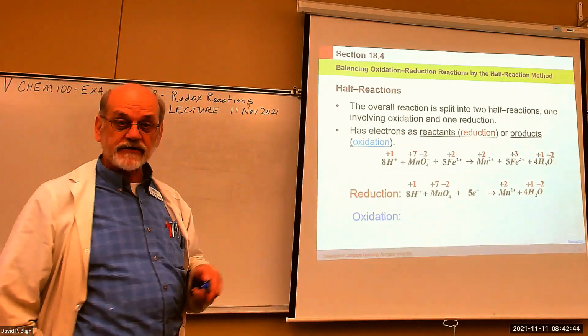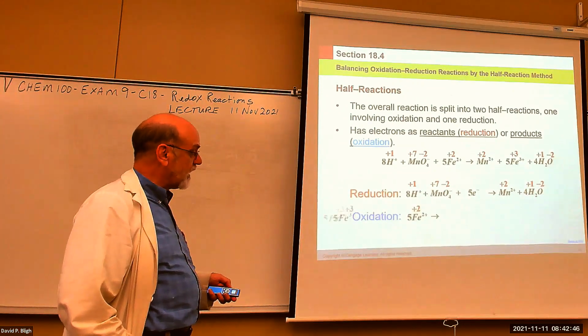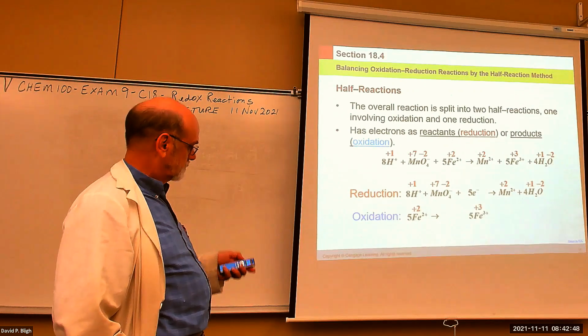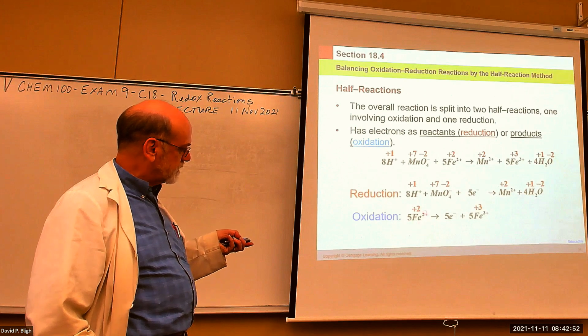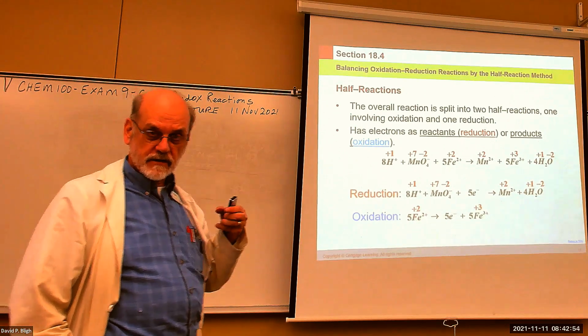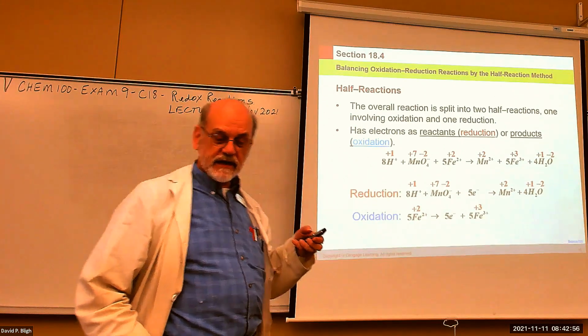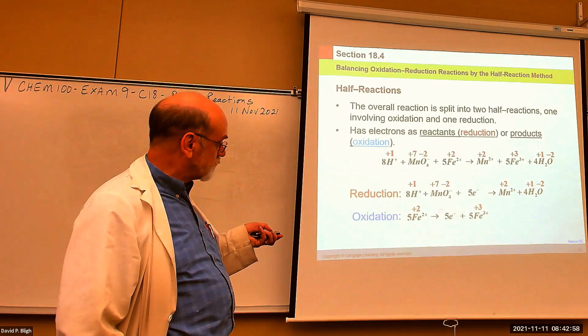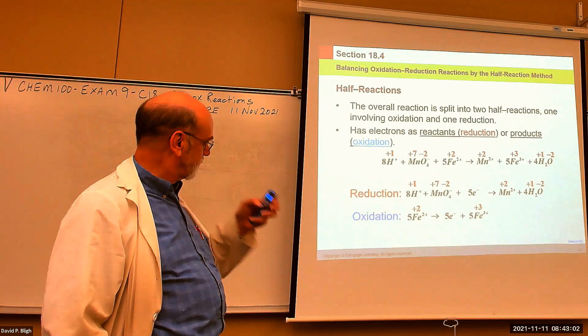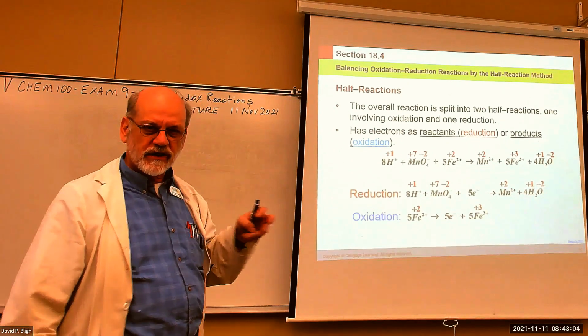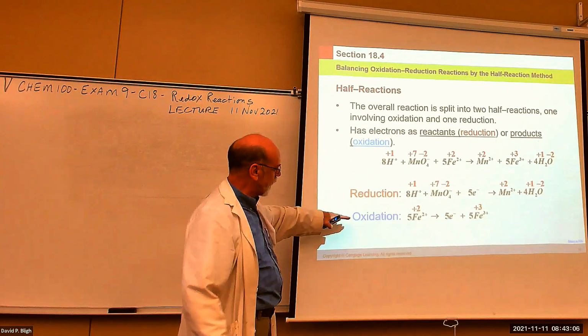So if we look at the oxidation side, that leaves just iron and the electrons. If this iron is oxidized, it loses electrons, and now these electrons show up on the product side. Okay, so that's what it would look like as a balanced half reaction for each one.